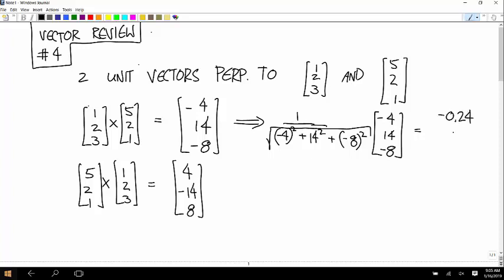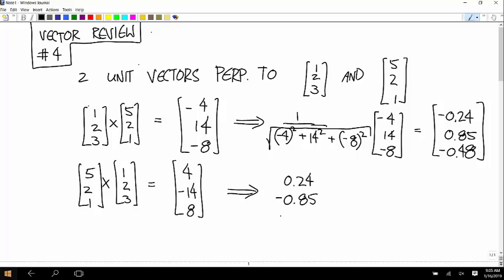Okay. Thanks. And that means that this other one is just going to be the opposite signs. So 0.24, negative 0.85, positive 0.48. So those are the two unit vectors. There's infinitely many vectors perpendicular to these two input vectors, but there's only two unit vectors. And those are the two.